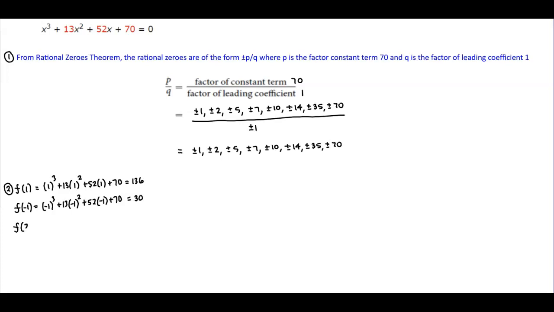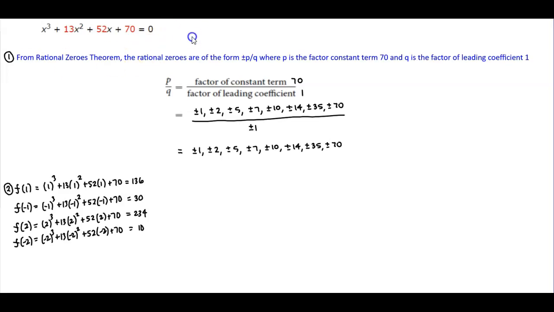If we try f of positive 2, we plug in 2 cubed plus 13 times 2 squared plus 52 times 2 plus 70, and that gives us 234. Again, that is not a 0. For f of negative 2, we get negative 2 cubed plus 13 times negative 2 squared plus 52 times negative 2 plus 70, and that gives us a value of 10.